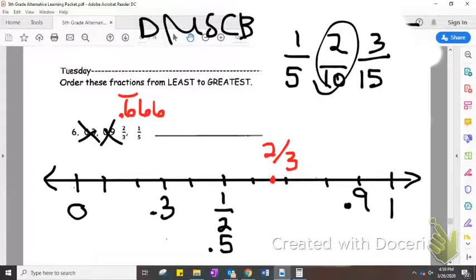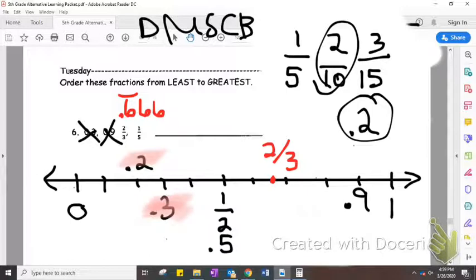I can write that easily as a decimal. 2/10. So 1/5 is equivalent to 2/10, which goes here. So the order is 1/5, then 3/10, then 2/3, then 9/10.